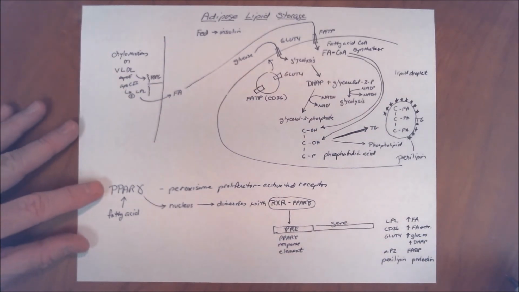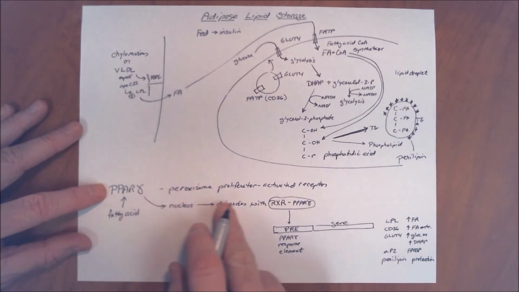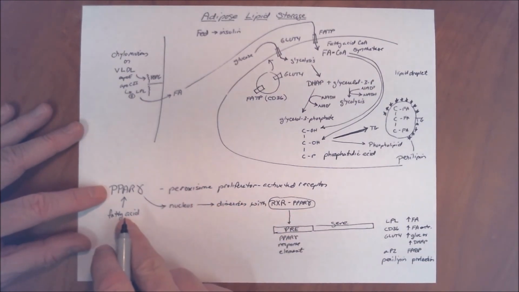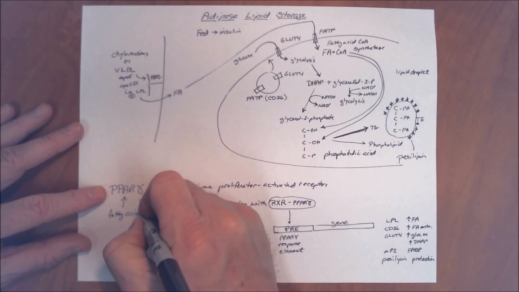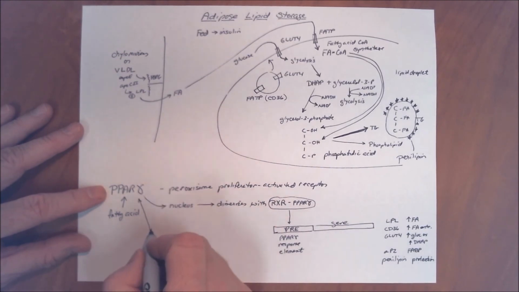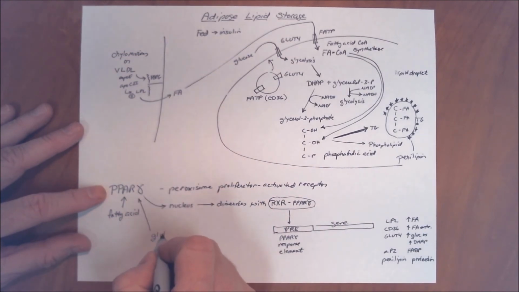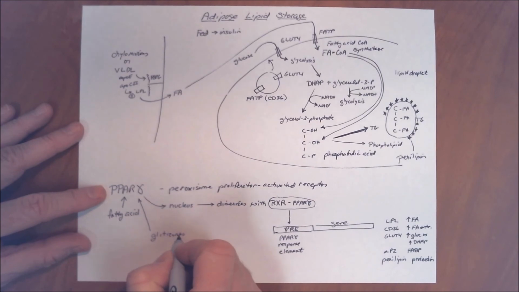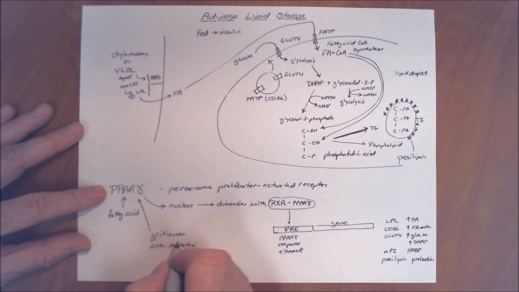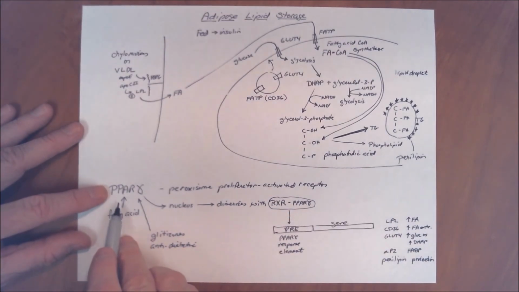Now, the actual ligand for PPAR gamma that activates this entire sequence is not completely understood, but what's important to understand here is that our glitazones, class of drugs that are anti-diabetic, act at this point. The glitazones will bind PPAR gamma and mimic the activation of a fatty acid.